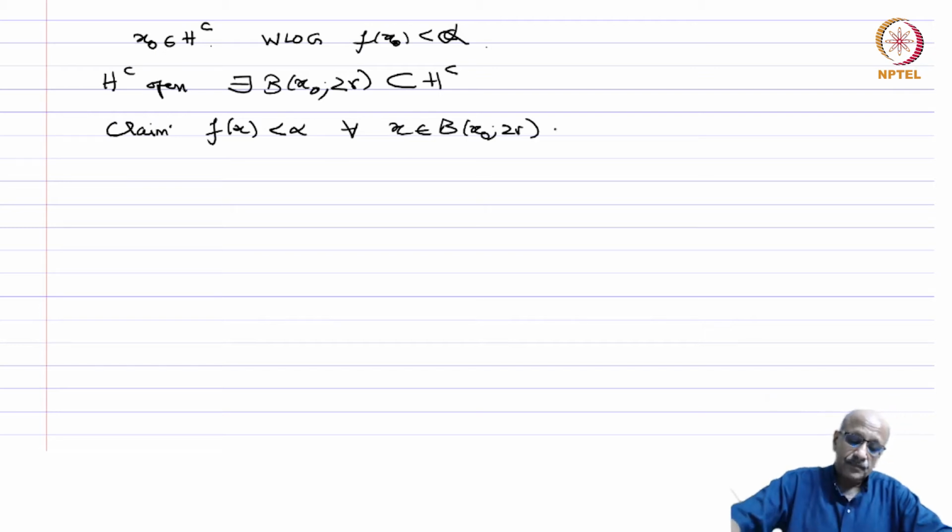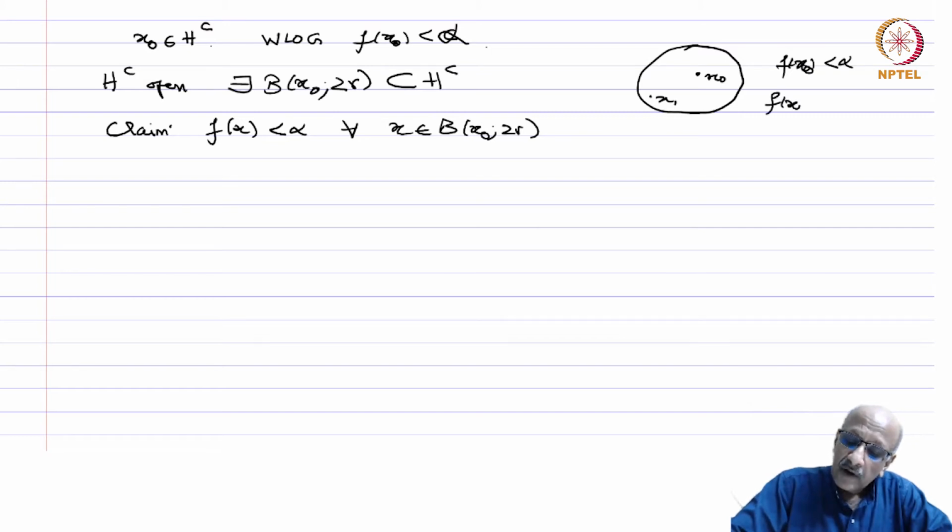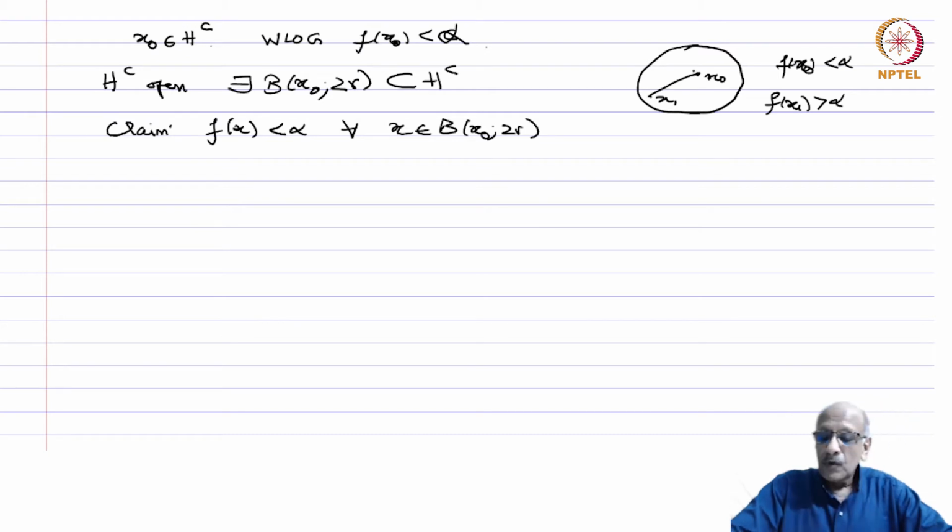The idea is this: you have x naught, and suppose I have x1, so f of x naught is less than alpha. Assume that f of x1 is bigger than alpha. Then you join these two. We don't have the intermediate value theorem, because f is not yet continuous, which would have given a point where f of x would be equal to alpha.